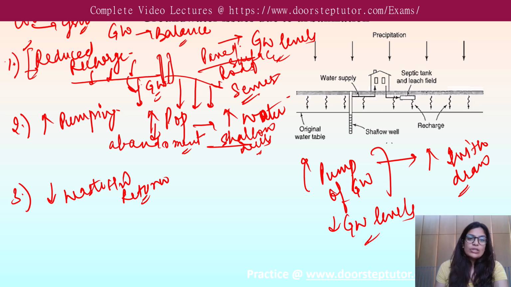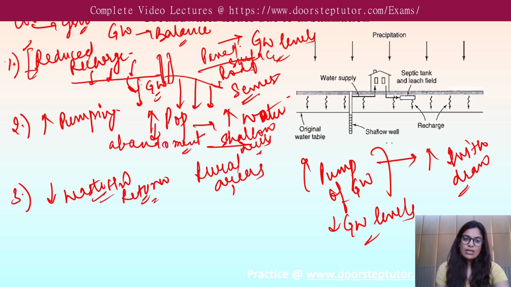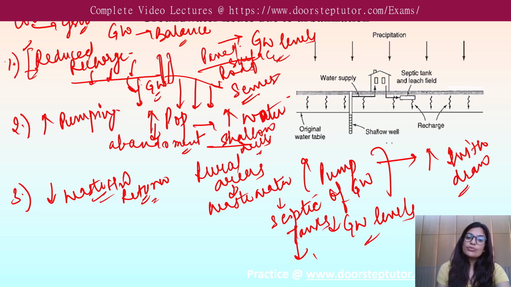Now coming to decreased wastewater return. What does this mean? Whenever we talk about the rural areas, whatever wastewater is there in the sewage, or the septic tanks rather I should say, it is returned to the ground. When it is returned to the ground, that means it is helping recharge the groundwater. Correct?